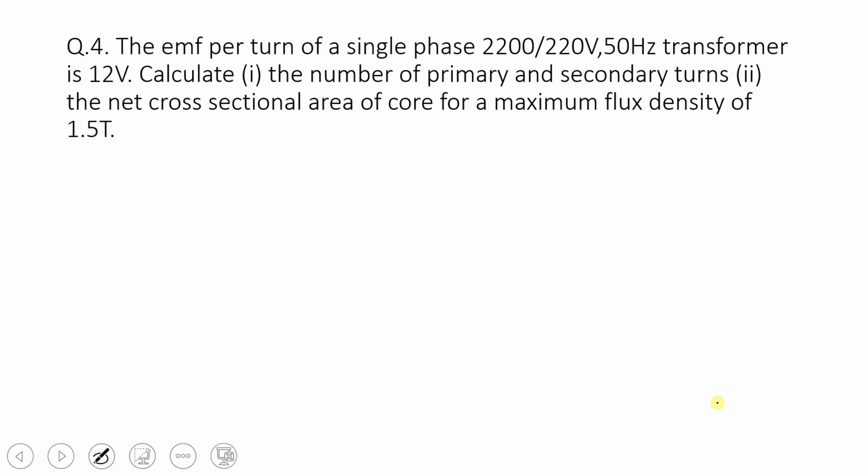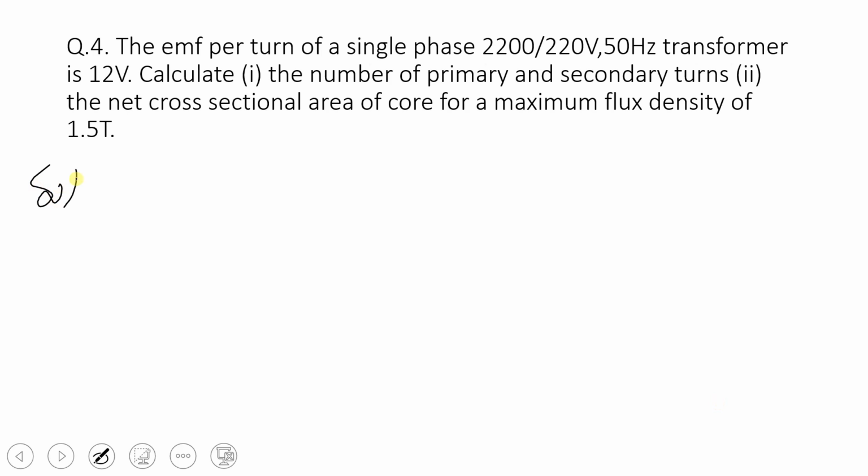Calculate the number of primary and secondary turns. The net cross-sectional area of core for maximum flux density is 1.5 tesla. So we have to find out the number of primary and secondary turns. EMF per turn is given to us, that is 12 volt.